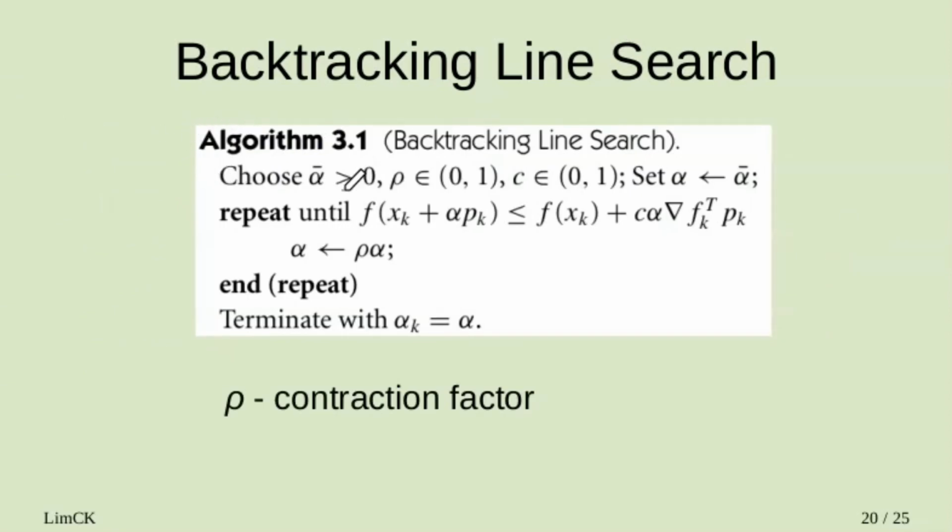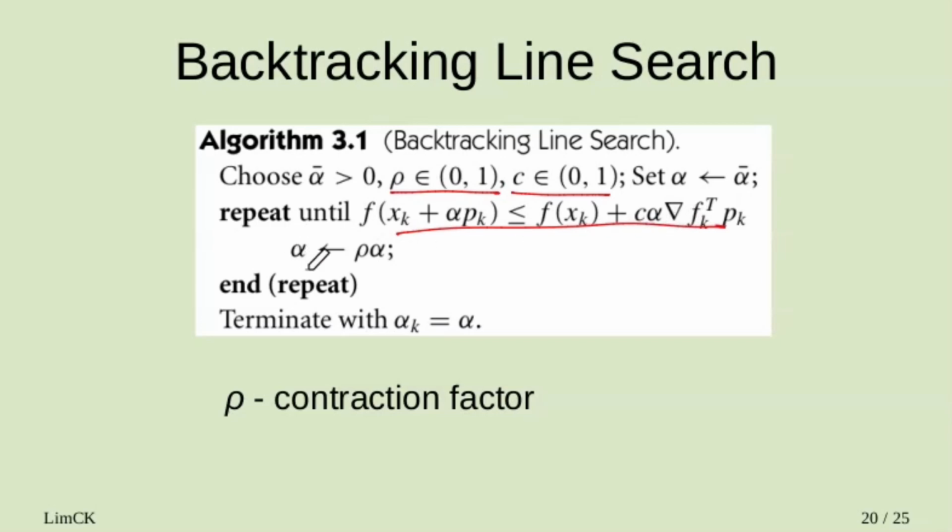We start from an alpha greater than 0, for example 1, and then we have a rho in between 0 and 1. This is c, the constant for the Armijo condition. We start with this alpha and check whether the Armijo condition is fulfilled.